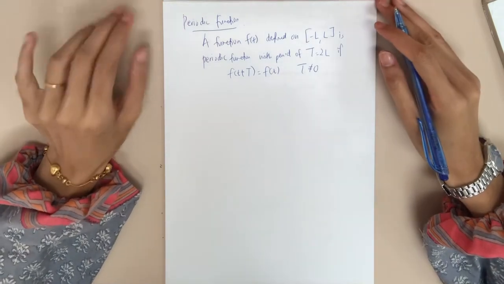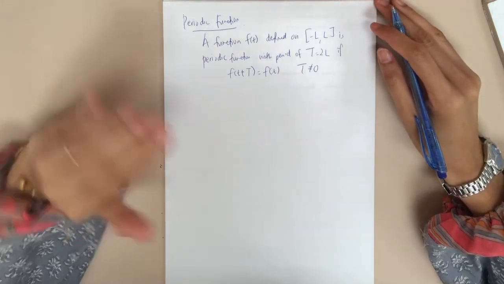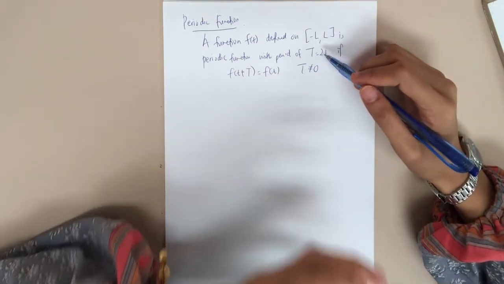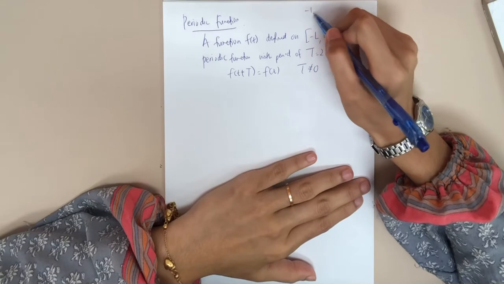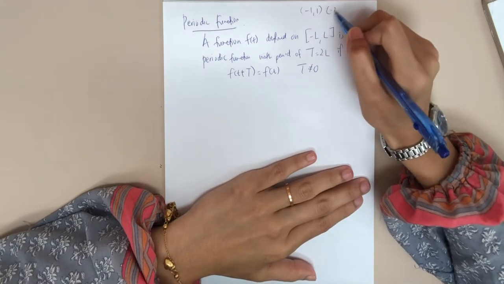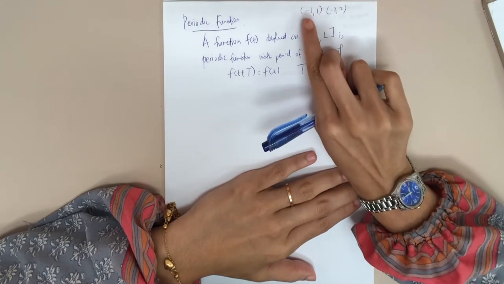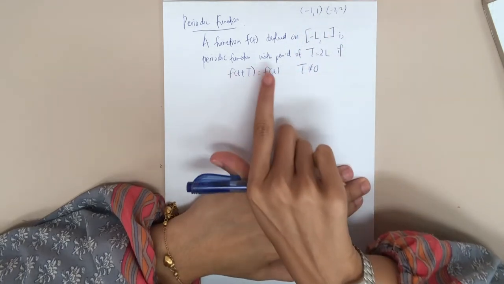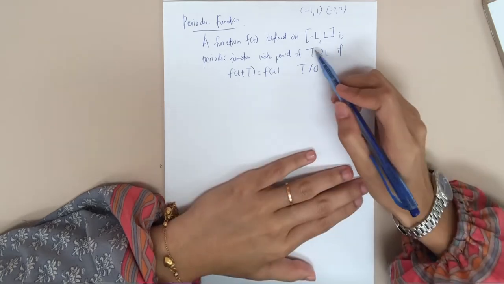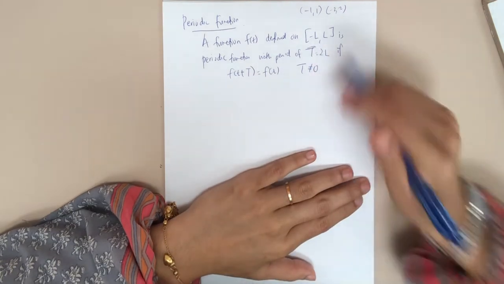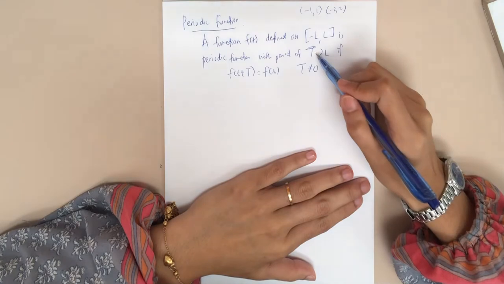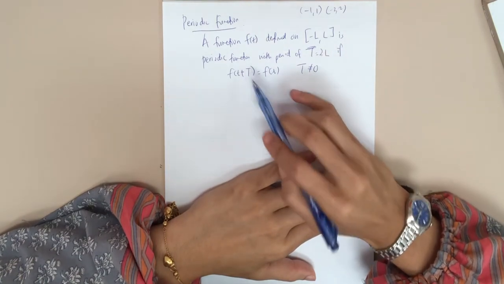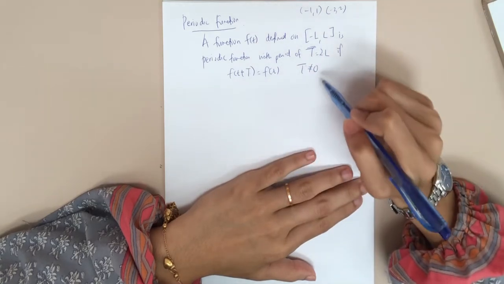So a function f(t) defined on the interval negative L to L. This is the interval, and negative L to L are numbers, for example, negative 1 to 1, negative 2 to 2. It must be equal, so if this one is 1, here also must be 1. So it's a periodic function with a period of T, where T here represents period, time, if f(t + T) is equal to f(t), where T cannot be equal to 0.